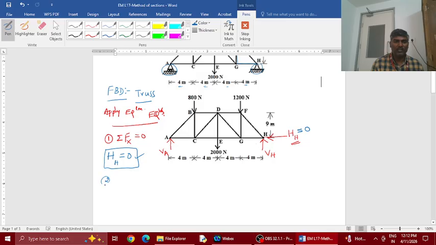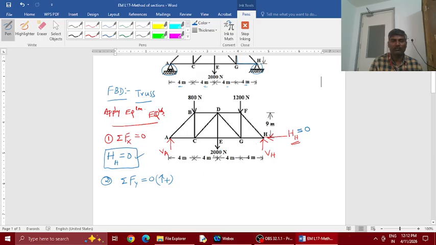Then apply the second equation. Sum of vertical forces is equal to 0. So treat any direction as positive, either upward or downward positive. So I consider here upward forces are positive. Now look for all vertical forces acting on this truss.